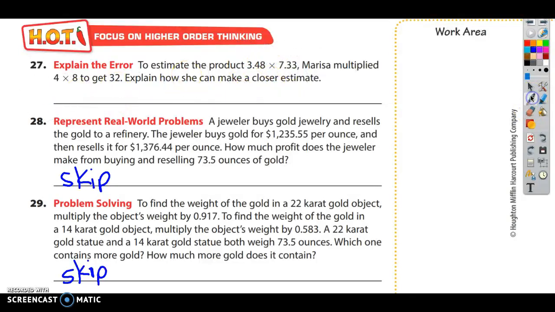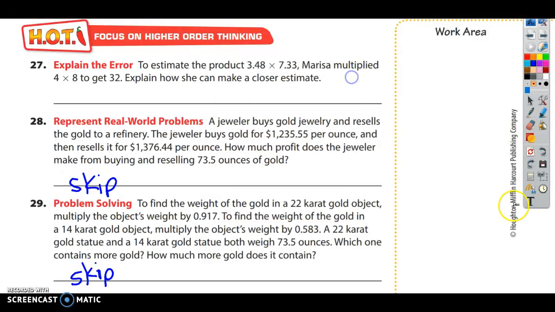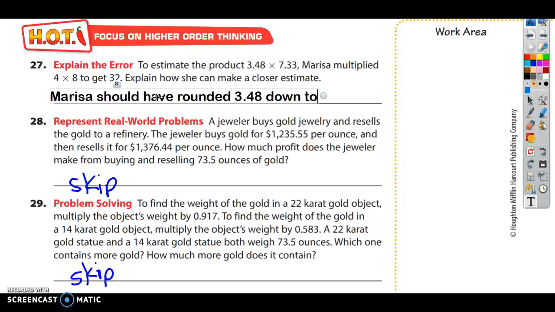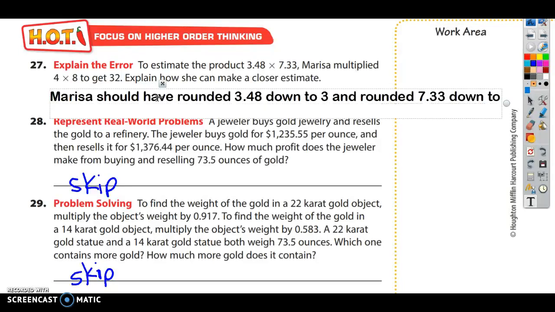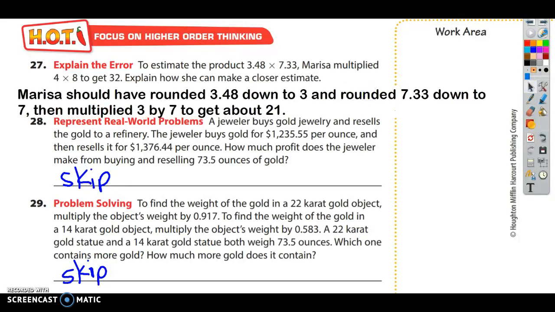Explain how she can get a closer estimate. Marissa should have rounded 3 and 48/100ths down to 3 and rounded 7 and 33/100ths down to 7, then multiplied 3 by 7 to get about 21. 21 is closer to the actual answer than her answer of 32.